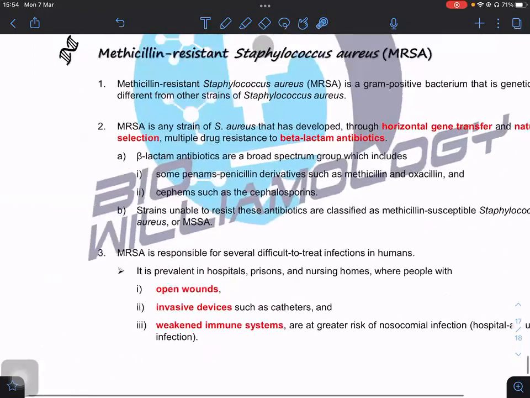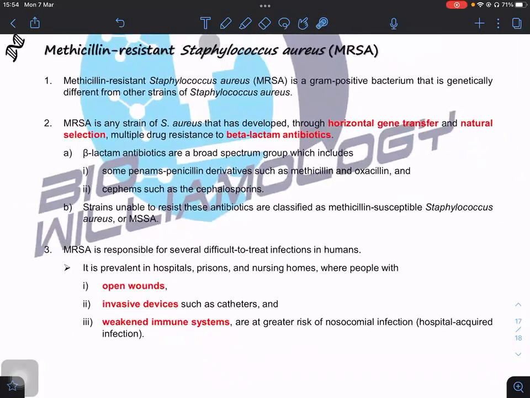MRSA is any strain of Staphylococcus that developed, through horizontal gene transfer and natural selection, multiple drug resistance to beta-lactam antibiotics. This means that antibiotics like methicillin, oxacillin, penicillins and cephalosporins have basically no effect on this bacteria.